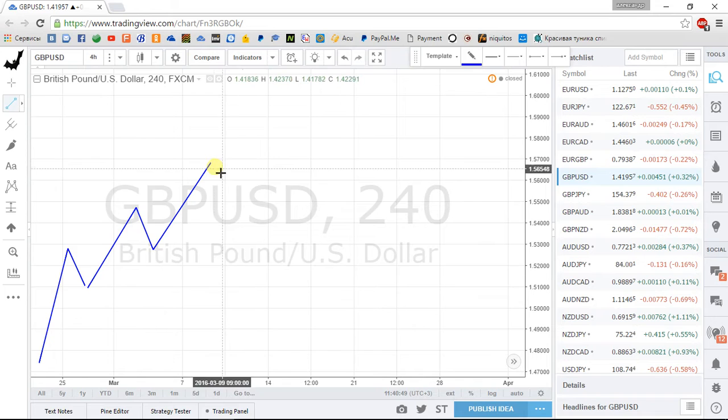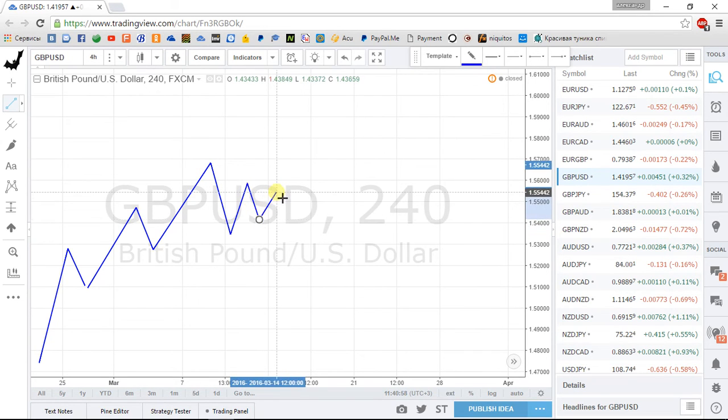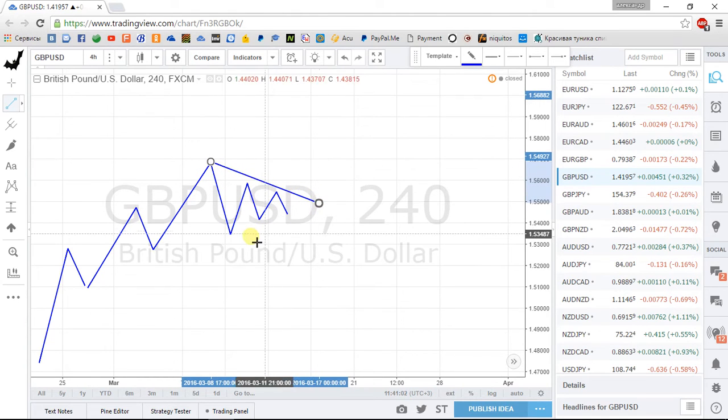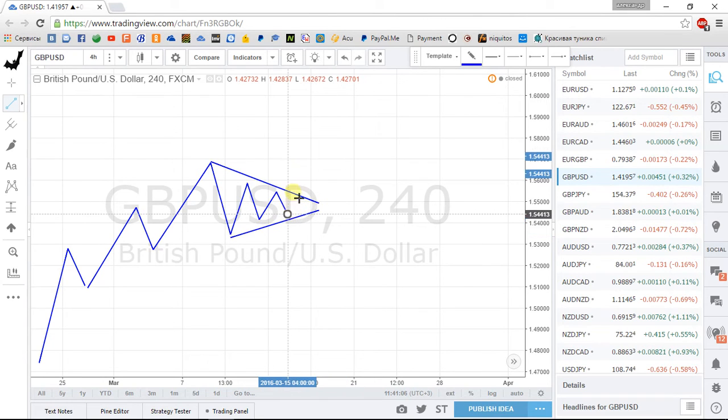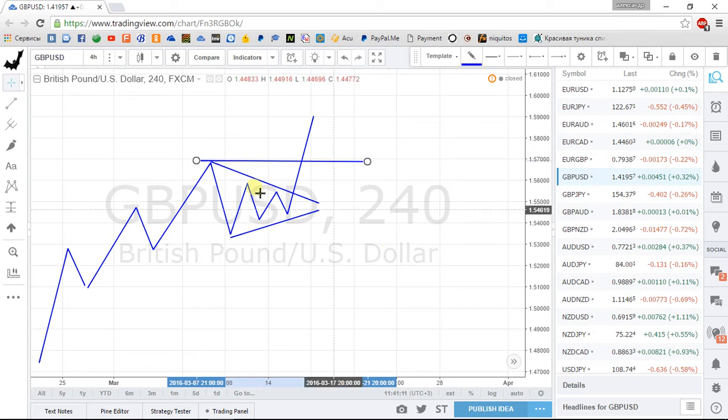What is a triangle? When we have this correction, then we have that a bit less. It's not a retest, not an impulse, nothing else. Correction, correction, and correction. So a triangle is usually a kind of complex correction. You shouldn't pay attention to this until we break that, violate that. If you watch my previous videos, I usually ignore this movement of the correction. I usually do not draw any swings here.